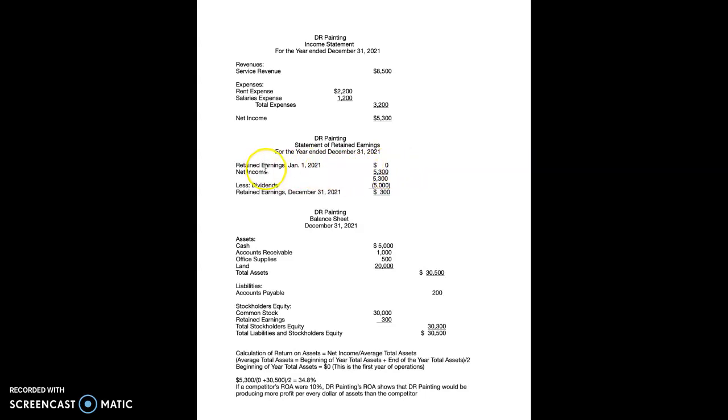To that 0 retained earnings, we add our earnings of this year, which is our net income, come to a subtotal, and subtract our dividends from that subtotal to arrive at our retained earnings at the end of the year. Now, the retained earnings at the end of the year is the retained earnings that we will use down here in our balance sheet.